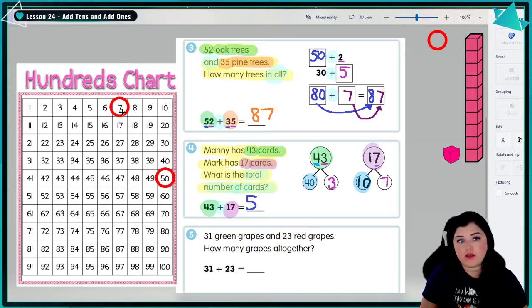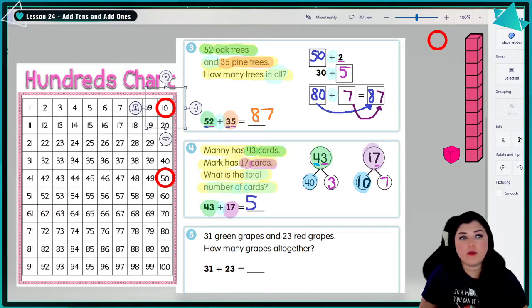Now I'm going to add my 3. So let's count on from 7 three times. 1, 2, 3. And because 7 plus 3 makes 10, I just made another group of 10, which means I need to add my group of 10 to my tens place.